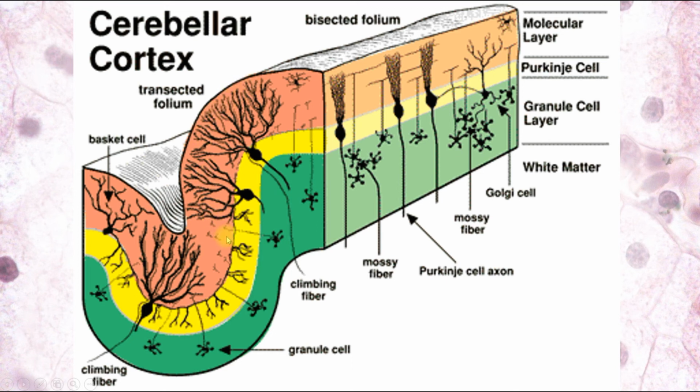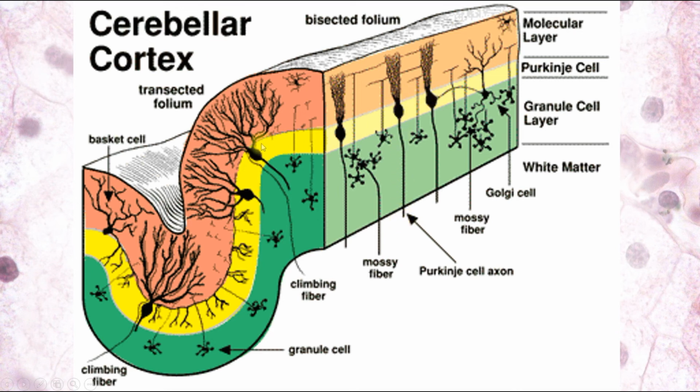In the transverse section of the cerebellar folium they have a very branched shape, and in the longitudinal sections the dendritic trees are very compact in shape. And Purkinje cells have a single axon which begins from the basal pole of the cell, and it goes through the granule cell layer to the nuclei inside the cerebellum.